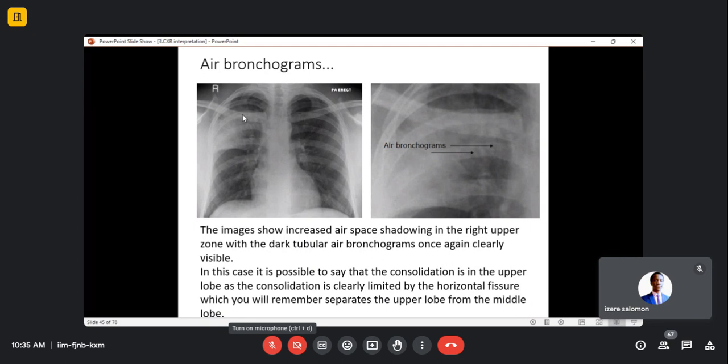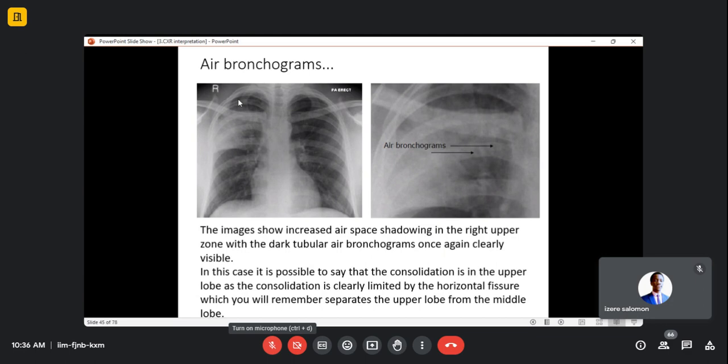And consolidation doesn't mean much. If the patient had chest pain and fever for 2 or 3 days, immediately I will conclude that this is pneumonia. Okay? But without clinical history, I cannot say this is pneumonia. You see? So this is right upper lobe consolidation.